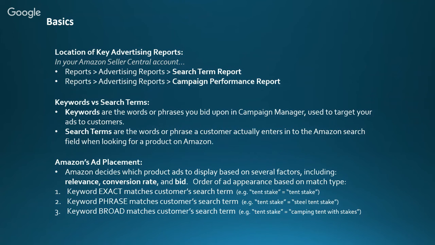Something I absolutely do is create a campaign that targets my competitors' brand names, especially with phrase match. I'll put in the competitor's two or three word brand name. If they've built an off-Amazon brand name and reputation, especially national brands, and people are searching for them on Amazon, absolutely do a campaign.